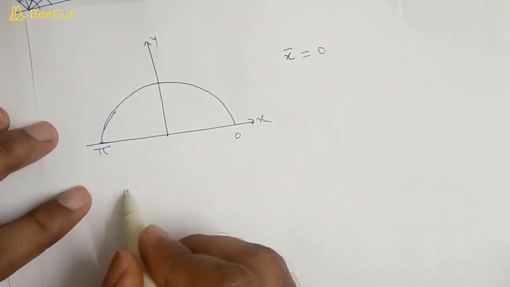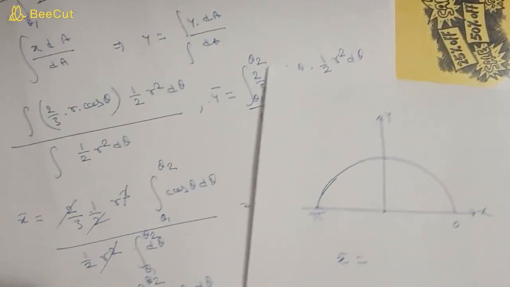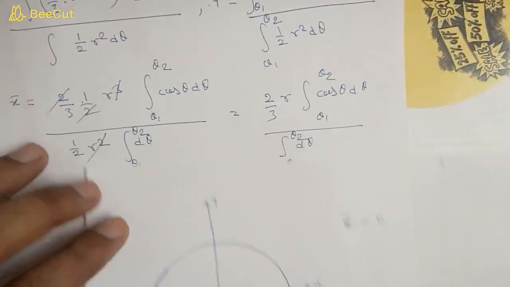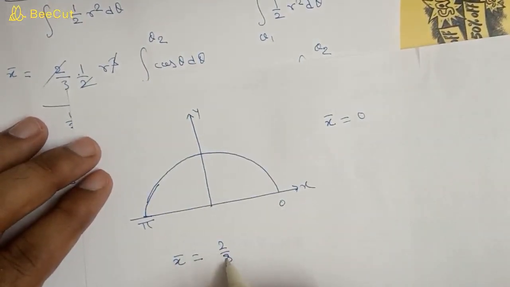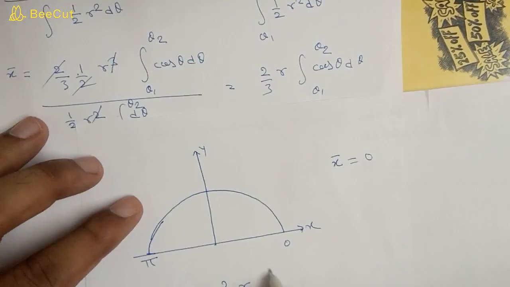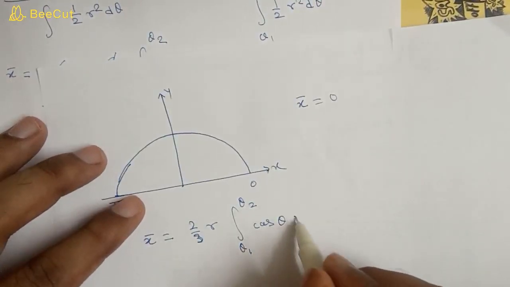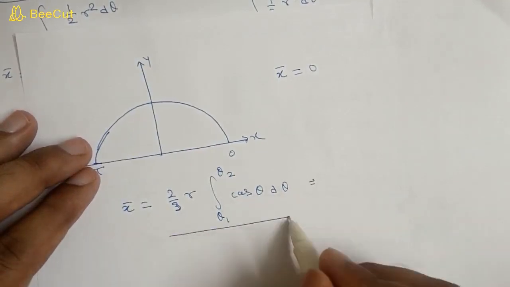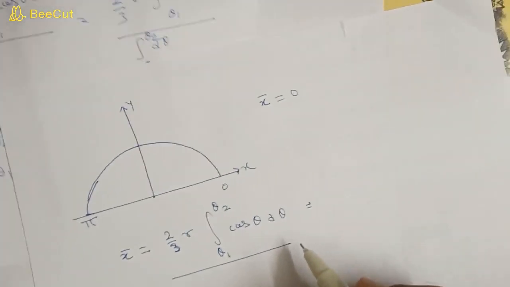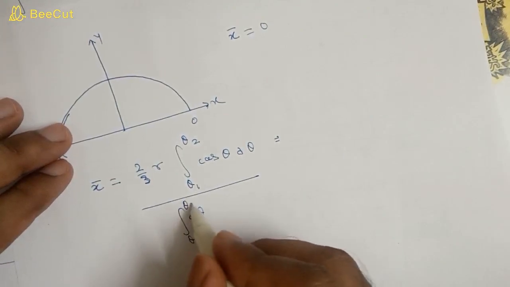Otherwise we can calculate it: we have x bar is equal to 2 by 3 r, integration of cos theta d theta from theta 1 to theta 2, divided by the integration of d theta from theta 1 to theta 2.